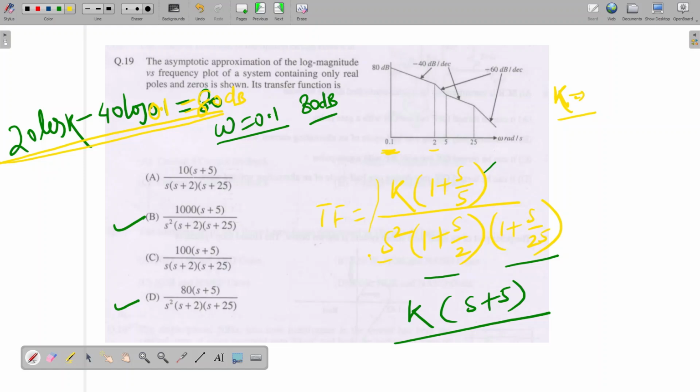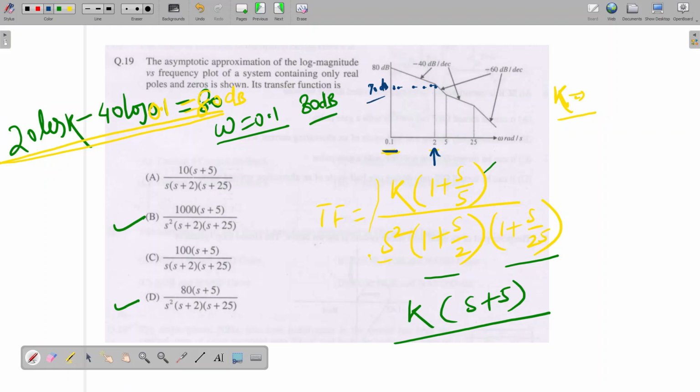See, one rule I have told. Let's say in this one the magnitude is known at 0.1. Let's say we know the magnitude at 0.2, say some 70 dB.